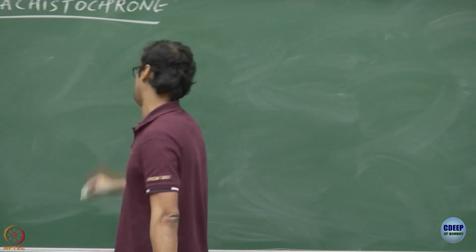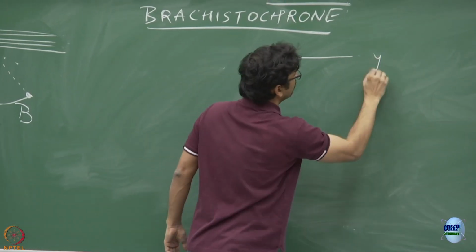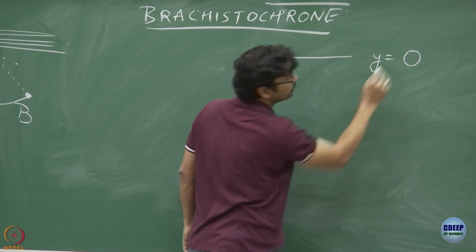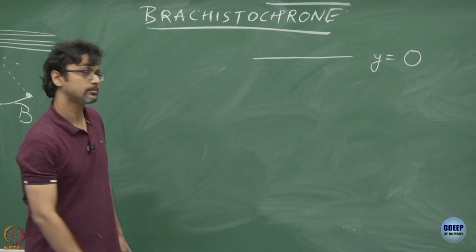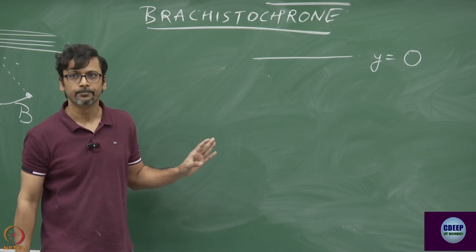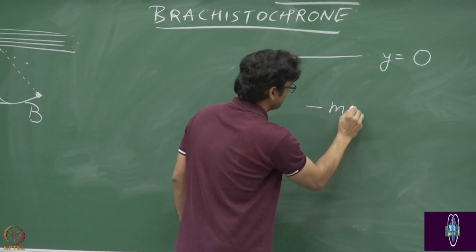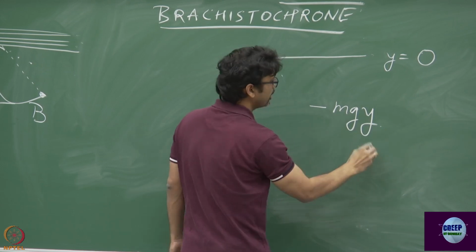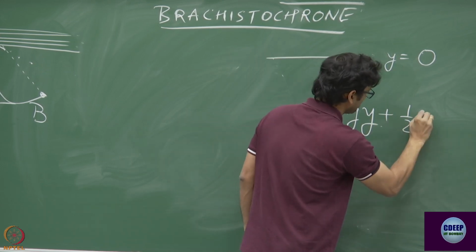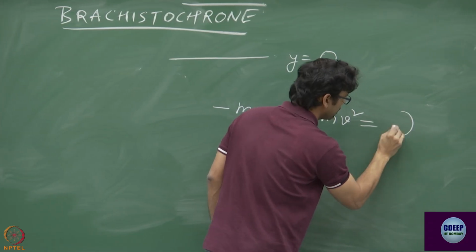How so? Well, you have a point like so, suppose this is your datum, y is equal to 0. So at a point below here, you will have a negative value of y. So what's your total energy? It's minus mgy plus half mv squared is equal to 0.